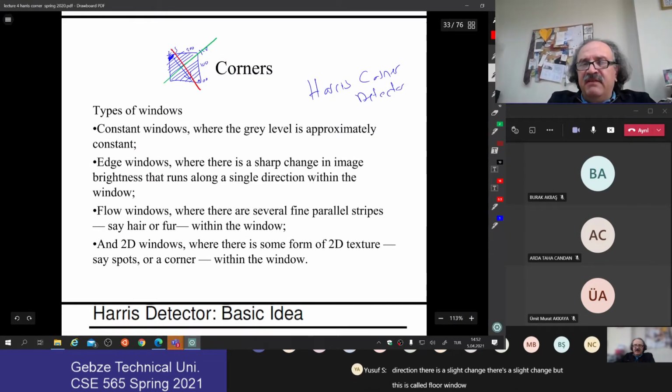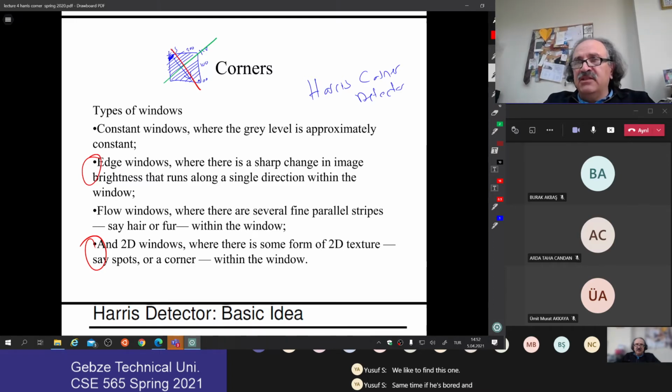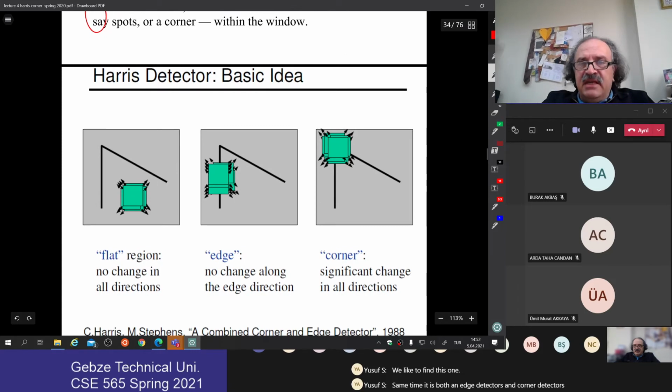And finally, the ones that we like are 2D windows, where there is some form of 2D texture, spots or a corner within the window. We like to find this one. The Harris corner detector finds this one, and also the edge one at the same time. It is both an edge detector and a corner detector. And this is the basic idea.